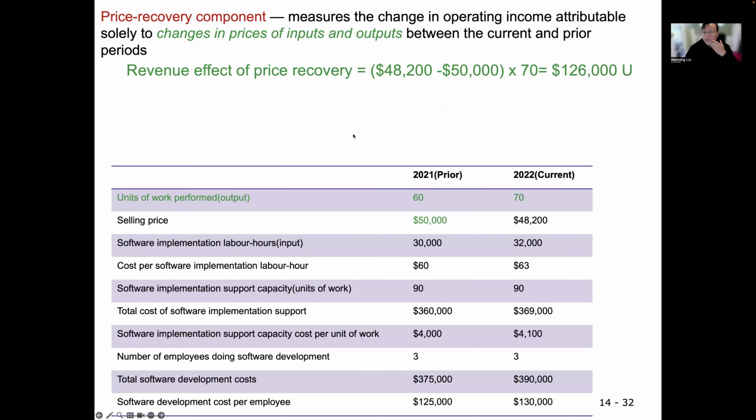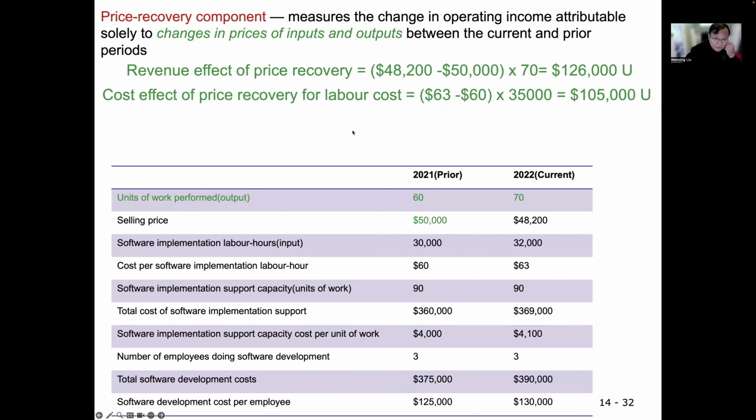Okay, now let's take a look at the cost effect of the price recovery for labor cost, which is variable. So you use current price 63 minus prior period price 60. So this is the cost per labor hour, and times here is the number of units required to produce current output in the prior period.